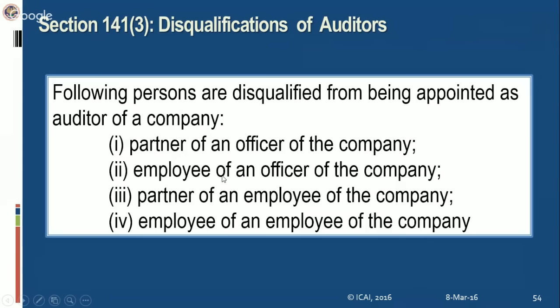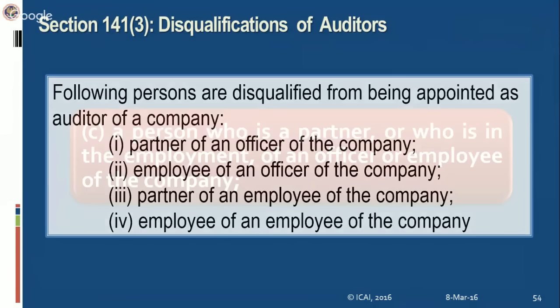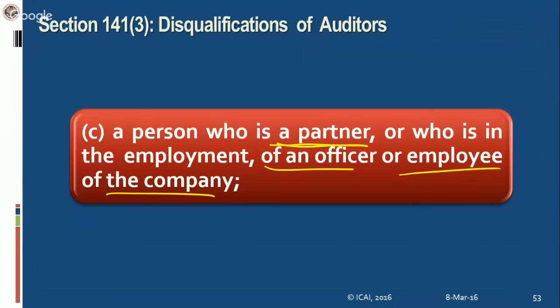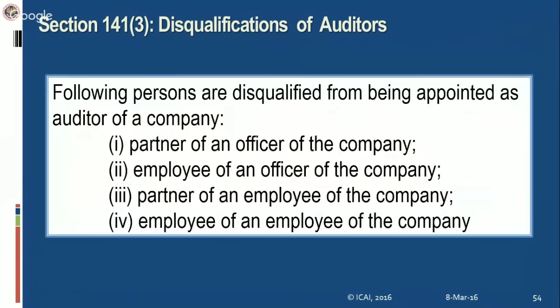So here are four possibilities you can see. Following persons are disqualified from being appointed as auditors of a company: partner of an officer of the company, employee of an officer of the company, partner of an employee of the company, employee of an employee of the company. So four possibilities emerge from this 141(3)(c). You may note down the four possibilities.